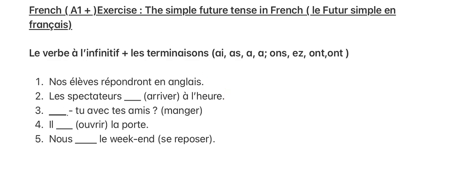Moving on to the next one. Les spectateurs tiraient à l'heure. And the verb in the brackets is arriver, which means to arrive. So the sentence is, the spectators dash on time. The spectators will arrive on time.